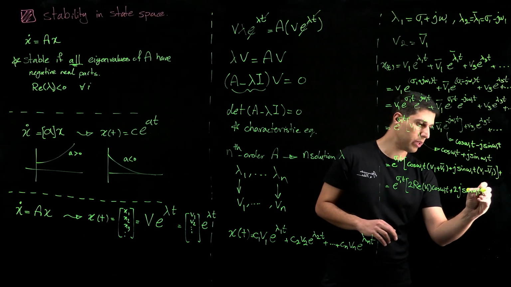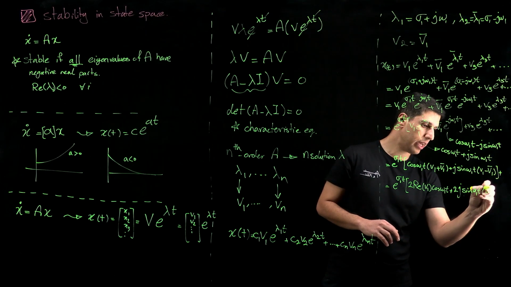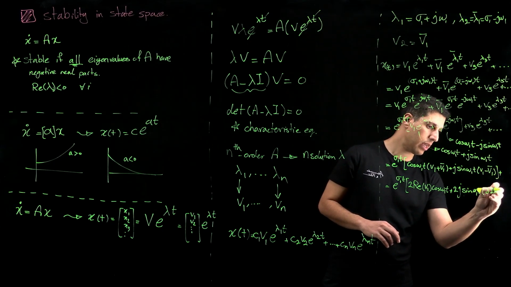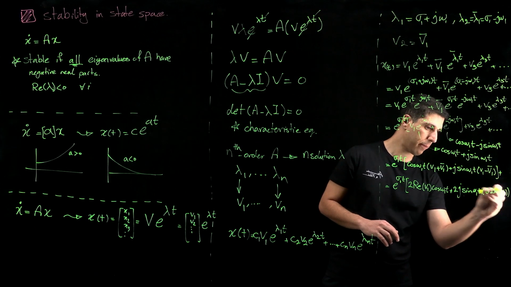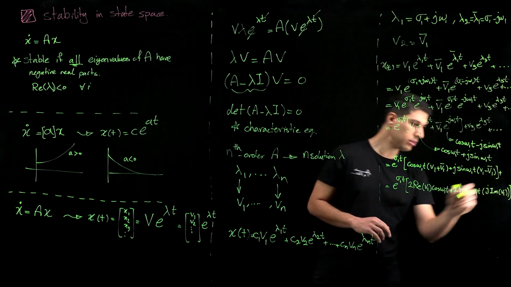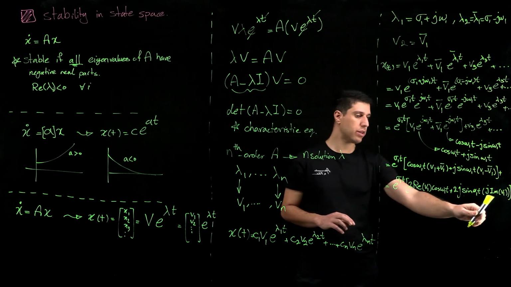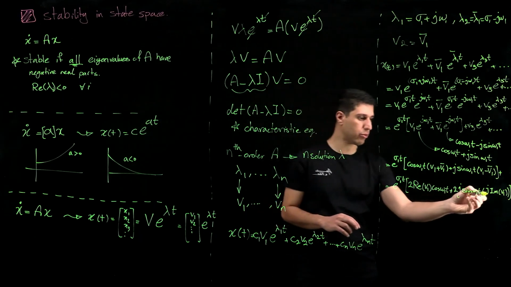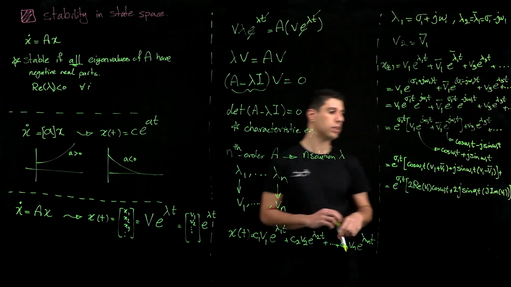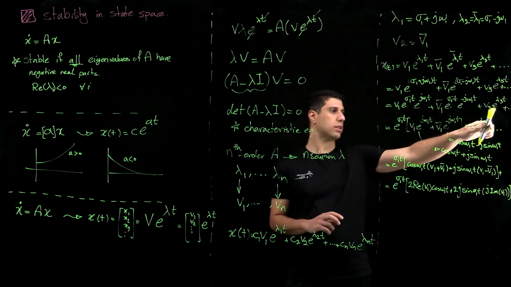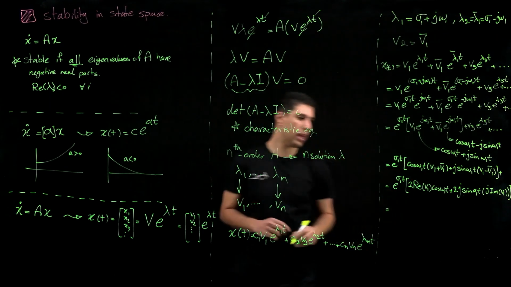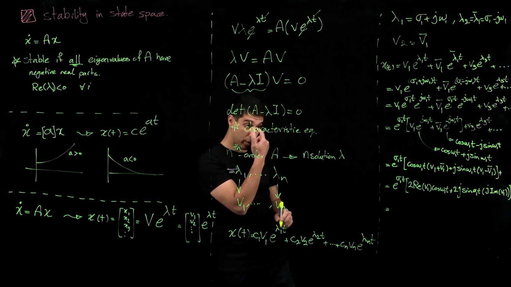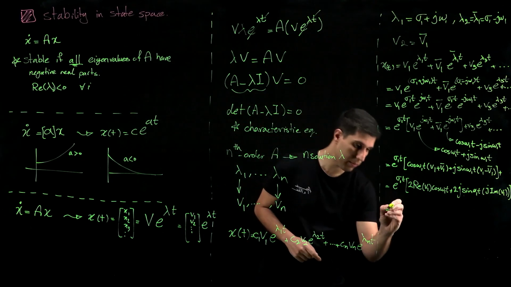Because the imaginary part is just a real number, I have to multiply by the j, plus that, and I'm getting to the end of it. It's not very important, but let me finish it.